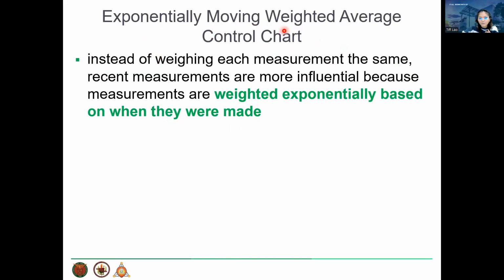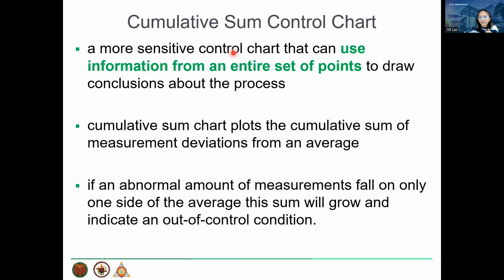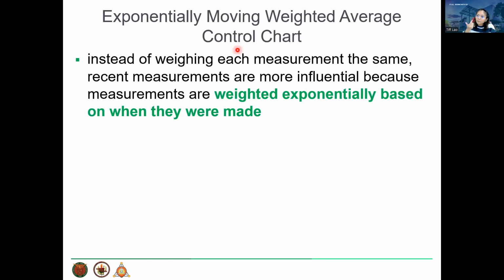Ay, ito pala, mas ginagamit itong exponentially moving weighted average control chart than this kapag yung process mo ay prone to changes sa process, changes sa parameters. Kaya ka may weights. Tapos mag-indicate ka ng weight, mas malaki, mas mabigat yung weight kapag mas present siya nangyari.